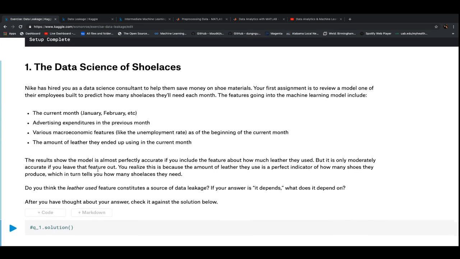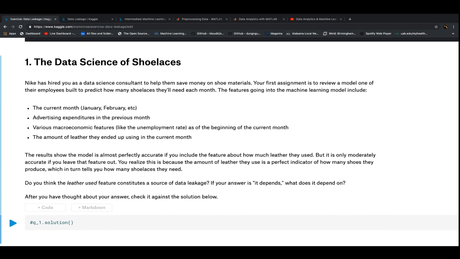All right, so problem number one. Nike, or some general shoe company, has hired us to save money on shoe materials, and we need to check out this model that predicts how many shoelaces they're going to need to buy.